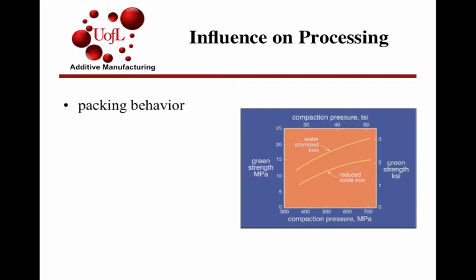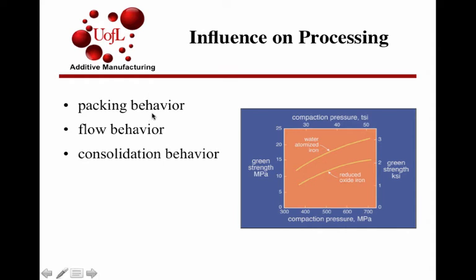So building from that, one thing is by changing shapes and size and other attributes, size distribution and so on, the way powders pack change, the way they flow change, the way they densify or consolidate also changes because the pore structure would be different. Packing behavior affects the initial stage before imposition of let's say a laser energy.